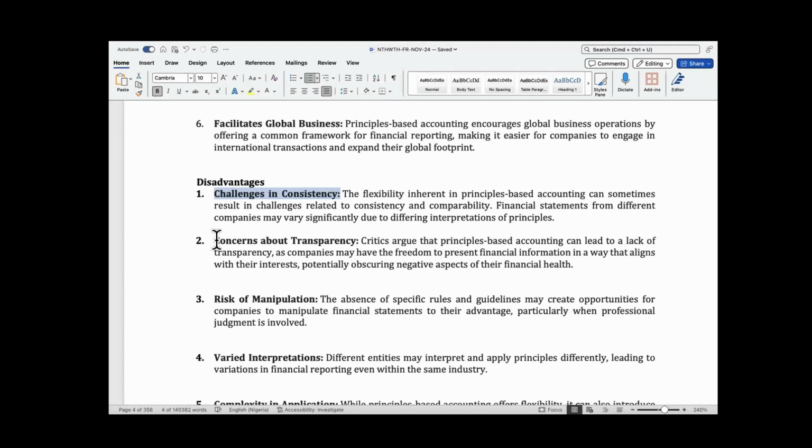People will window dress. People would obscure negative aspects of their financial health. They would only show you what they want you to see. So there are concerns about transparency. People would cook their books. People would account creatively. It exists also. It is a disadvantage of principle-based.